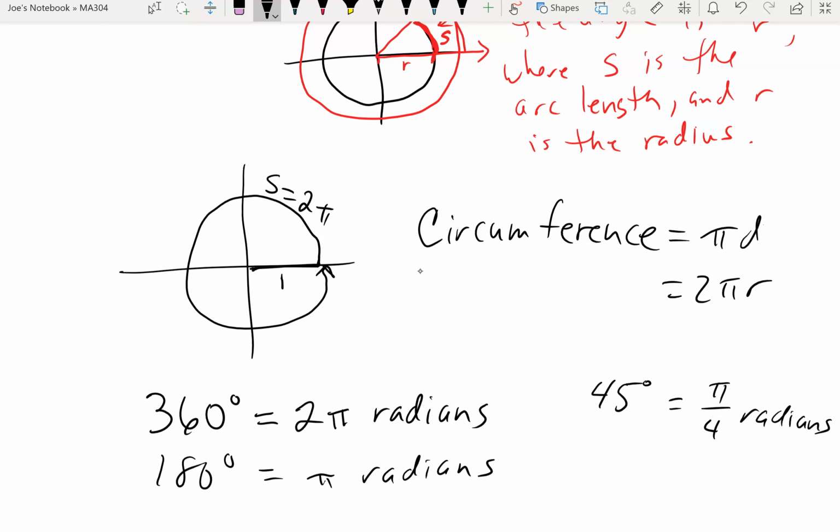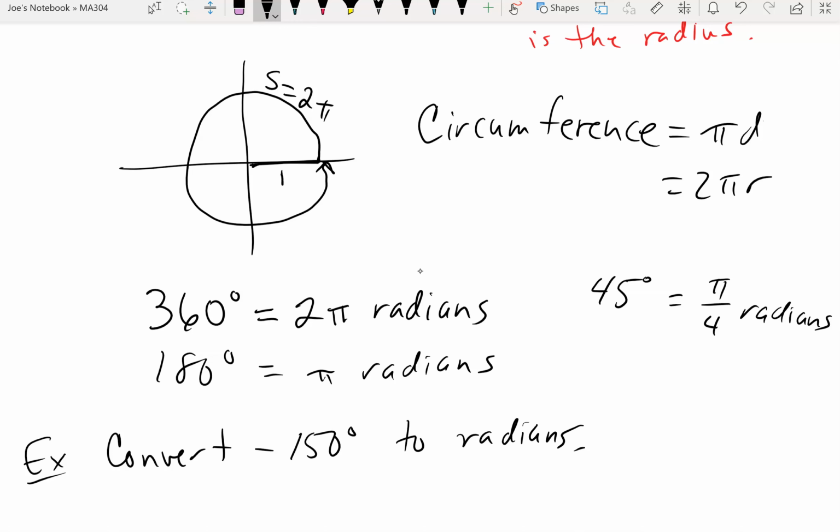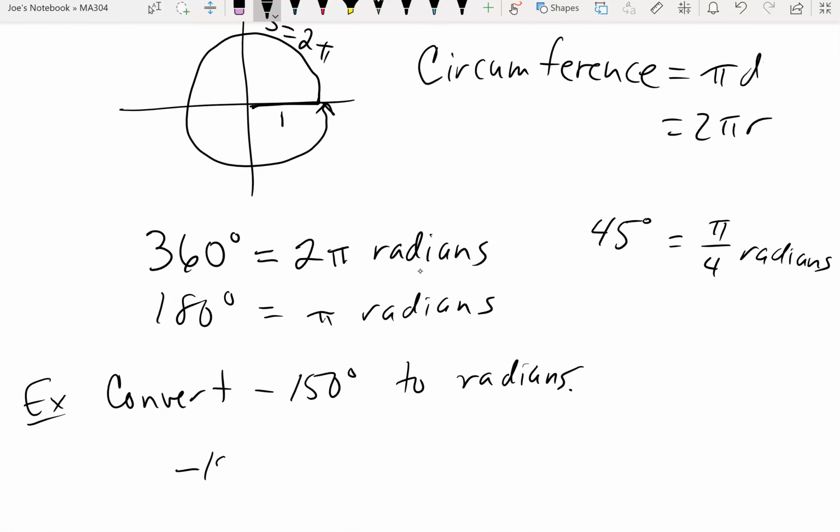Right? So as another example, say you wanted to convert negative 150 degrees to radians. Well, you would take your negative 150 degrees. I want to convert it to radians, right?